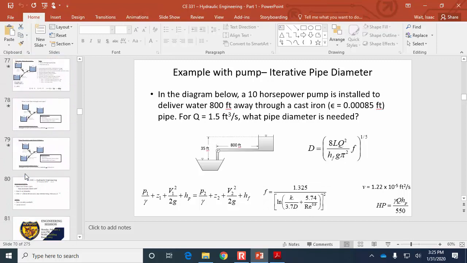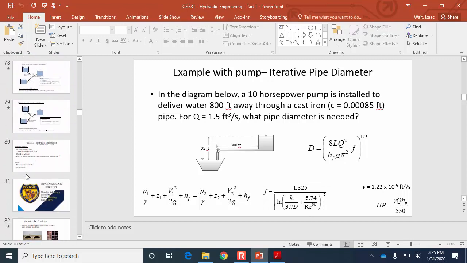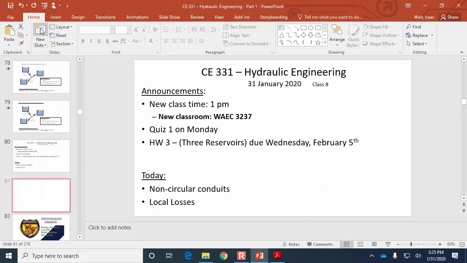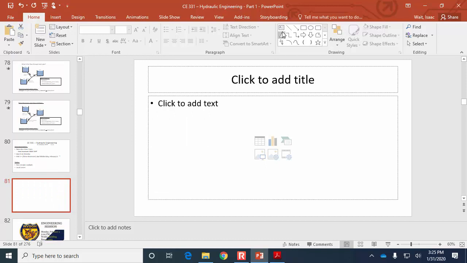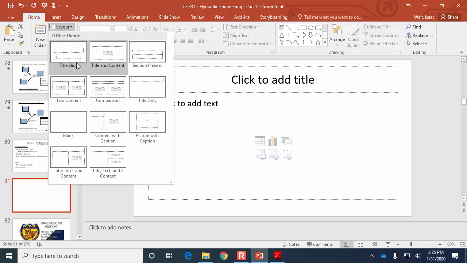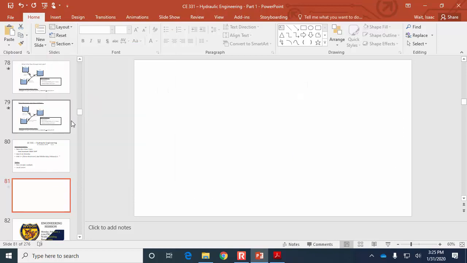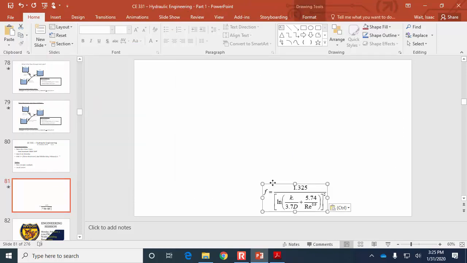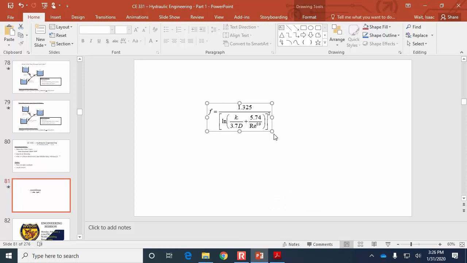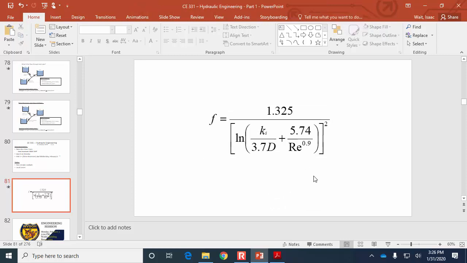On the homework, you have to start off with an F value when you're doing the three reservoirs. Remember, in your first iteration, you don't know what the flow rates are yet. It's one of those cases where you have to begin with an assumption, and then you check the assumption and you make corrections and so on. If you don't know the flow velocity, you can't get the F value because flow velocity is required for the Reynolds number.